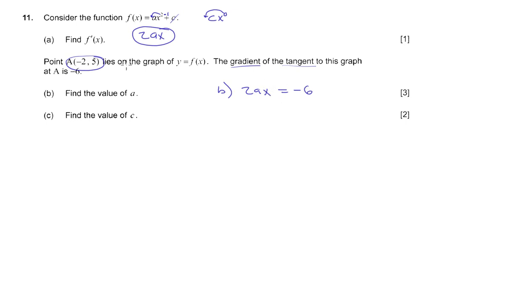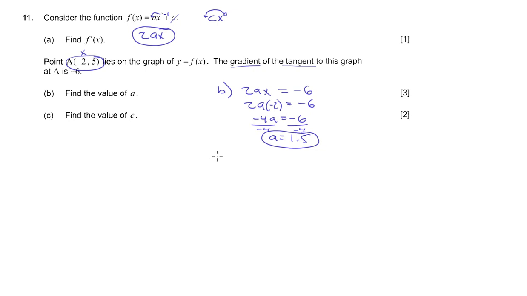So we also want to take this -2 as our x value and plug it in for that x. So it's really 2a times -2 equals -6, right? So 2 times -2 is -4a equals -6. Divide by -4, and we get that a is 1.5. Okay, so we've now found the value of a.